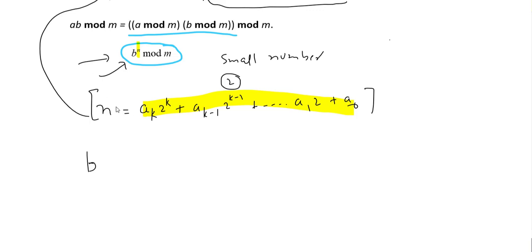So this will be equal to b to the power of a_k times 2 raised to the power k plus a_(k-1) times 2 raised to the power k minus 1, so on to a1 times 2 plus a0, and then we have a mod of m.